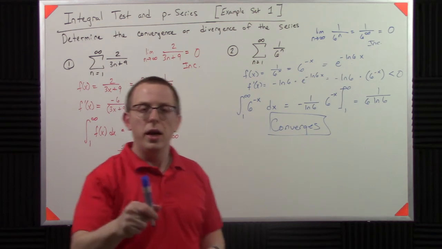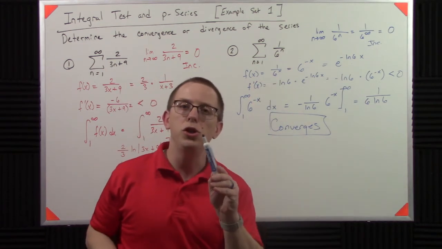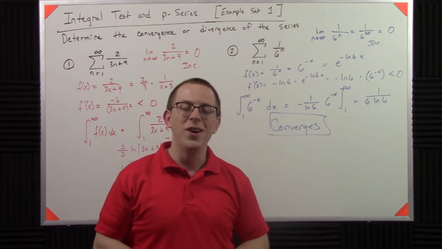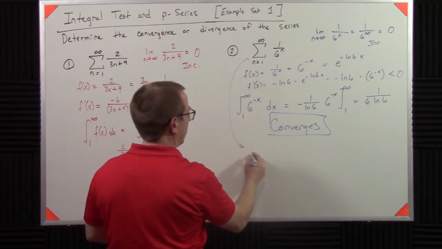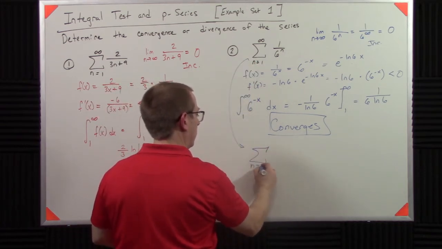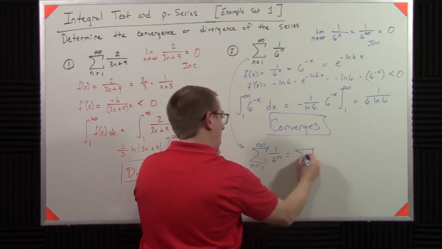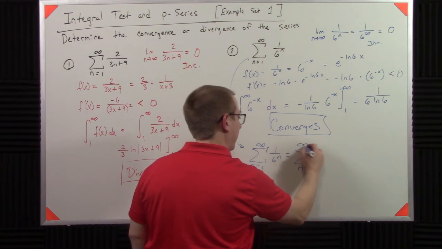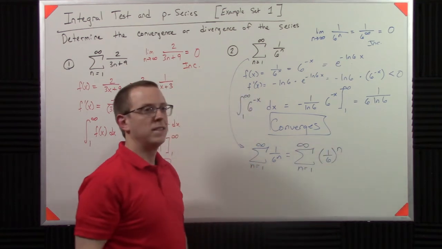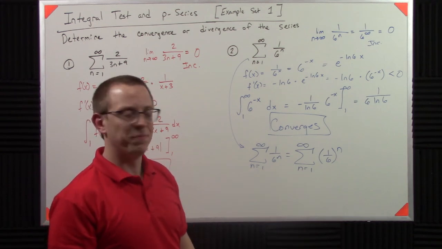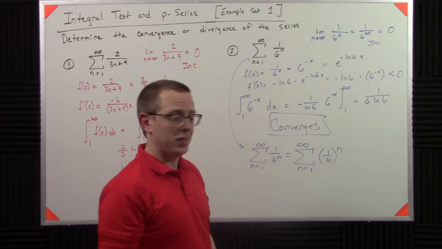Now, here's the rub. This is actually a good example of using the integral test because you should already know what the series converges to, which is a geometric series. We would need to rewrite this slightly because we need this thing to be indexed at 0.